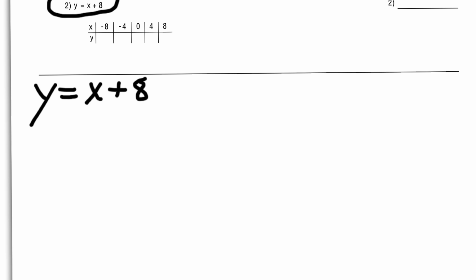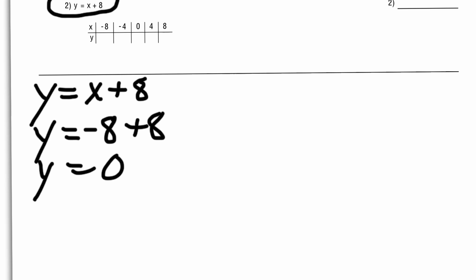First thing we'll do is stick in the negative 8. So y equals negative 8 plus 8. Negative 8 plus 8 is 0, so y equals 0. We'll put in 0 for that. And looks like we have our x-intercept. The x-intercept is at negative 8.